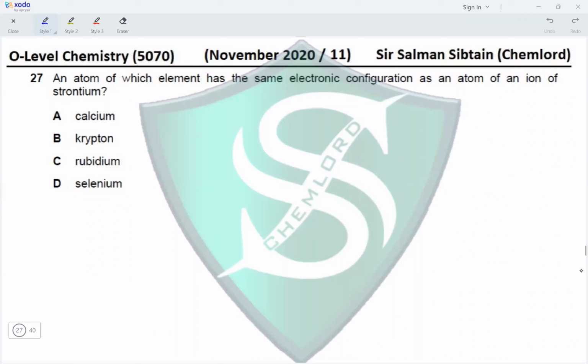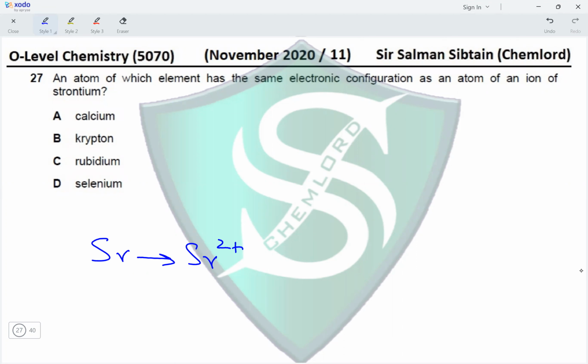Question 27. An atom of which element has the same electronic configuration as an atom of an ion of strontium? Okay, strontium is in group 2, so it would form the ion Sr2+, which means it would lose 2 electrons. And when it loses 2 electrons, its configuration becomes equal to the noble gas in the period above this.